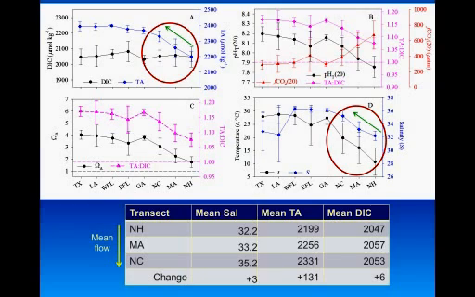So this is the mean flow, and we found the salinity increased by 3 units, and in the meantime, alkalinity increased by 130 micromole, and DIC does not change much. You can see the circles in the plot basically show the trend as this flow goes from New Hampshire to North Carolina.